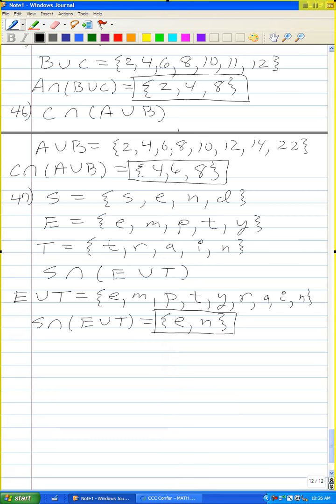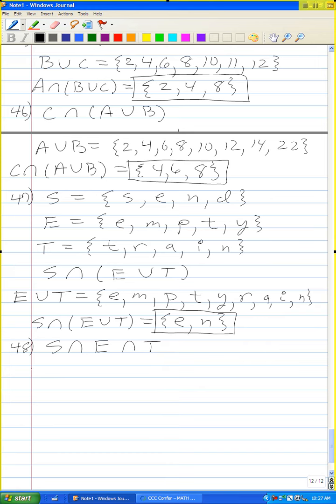48. S intersect E intersect T. So first you would do S intersect, so you would go left to right. So in this case, you do the same order of operations that you would do with numbers.